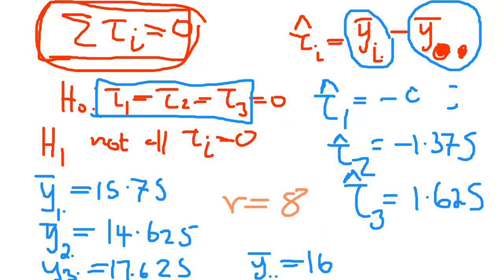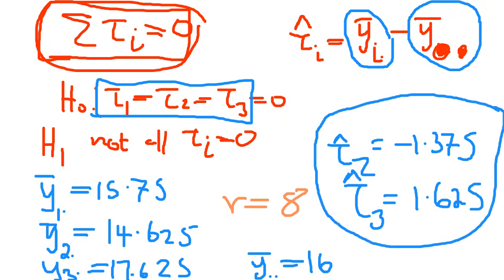Do we need tau 1? You can calculate tau 1 using the condition that the summation of taus equals 0. I agree with Mr. Manyama.